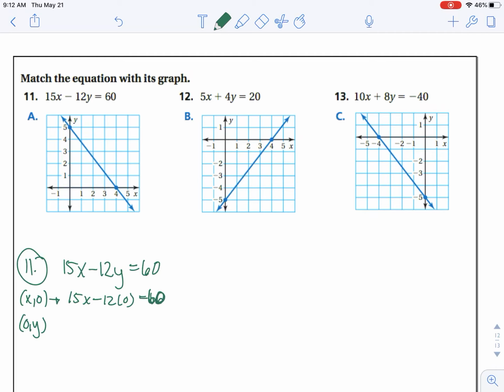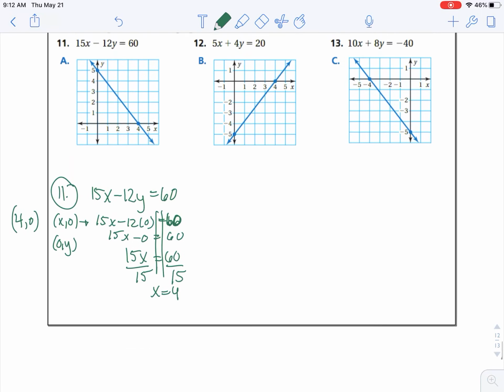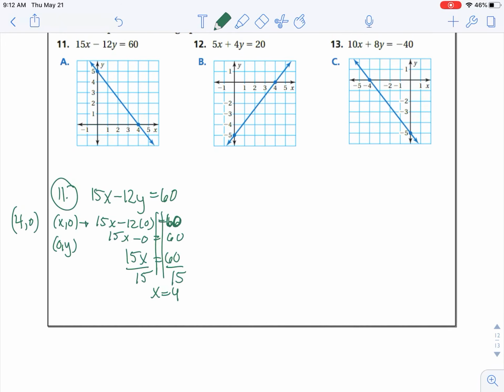So it's 15x minus 0 equals 60, which is just 15x equals 60. I divide by 15, divide by 15. x equals 4. So this point is (4, 0), which I know rules out this one.